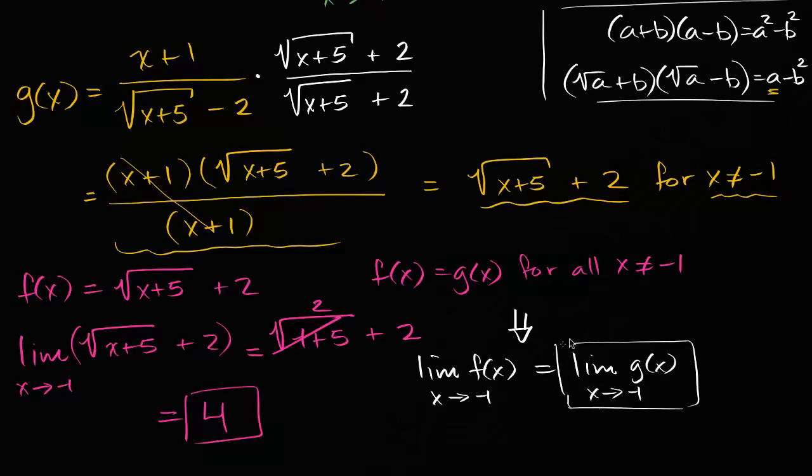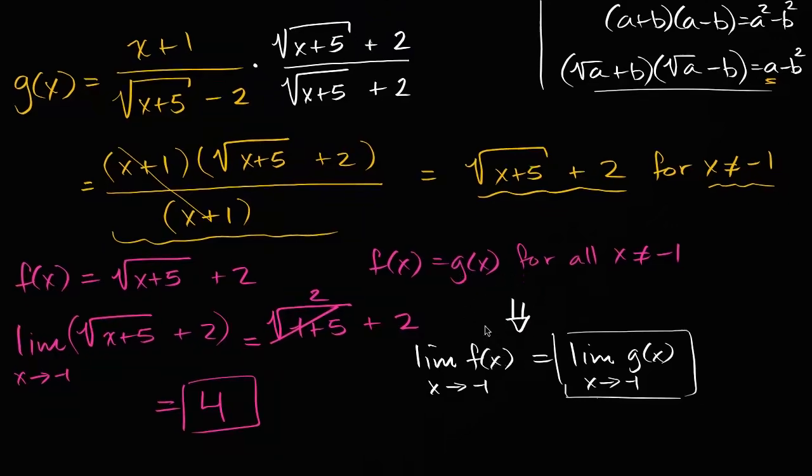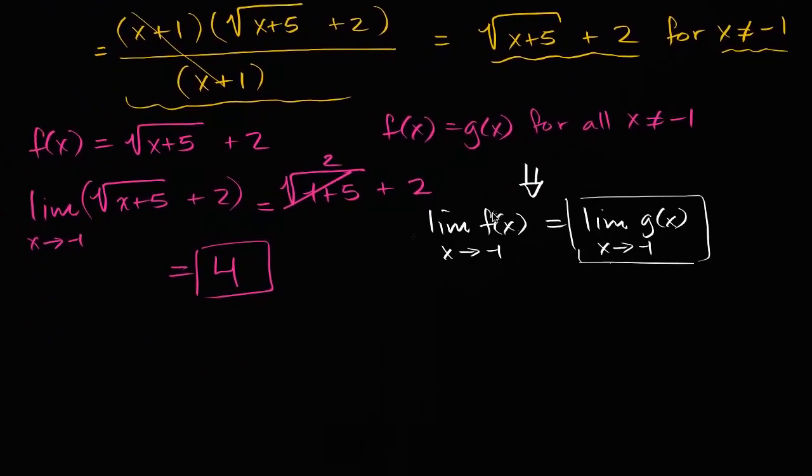And if this little leap that I just made right over here doesn't make sense to you, think about it visually. So if this is my y-axis and this is my x-axis, g of x looked something like this. Let me draw it.